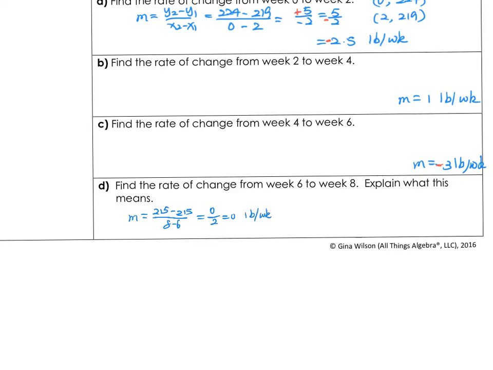But obviously, just from the observation, you will get that. What does this mean? It means that the rate of change is 0, and he didn't lose any weight. No weight loss in this week. Okay?